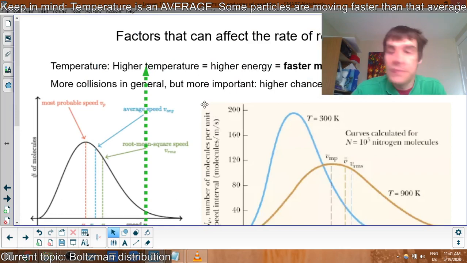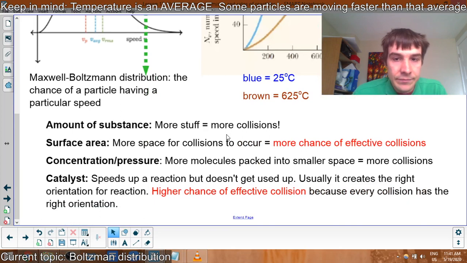It's the effectiveness of the collisions. More pressure or more concentration means more molecules, so there's more collisions. And then the catalysts. Catalysts are really interesting. Catalysts generally will just hold molecules in the right orientation, and then there's a higher chance of effective collision because they're already held in the right orientation.